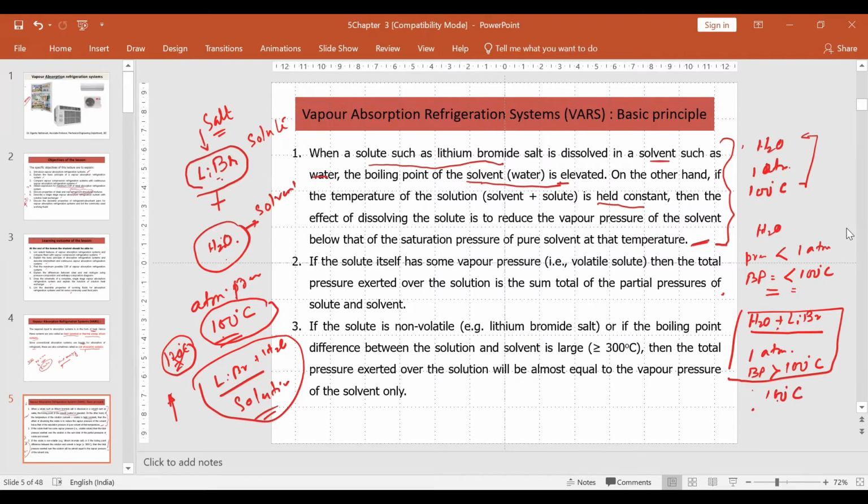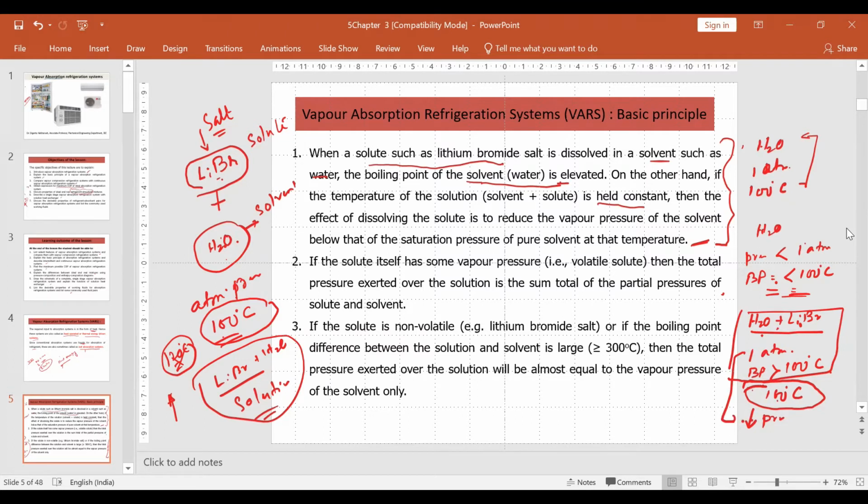We have to reduce the pressure, because if you reduce the pressure, the boiling point decreases. At 1 atmospheric pressure the boiling point is elevated, so it boils at more than 100 degrees centigrade. But if we want to keep the boiling point at 100 degrees centigrade, the alternative is to decrease the pressure. So this is the concept.